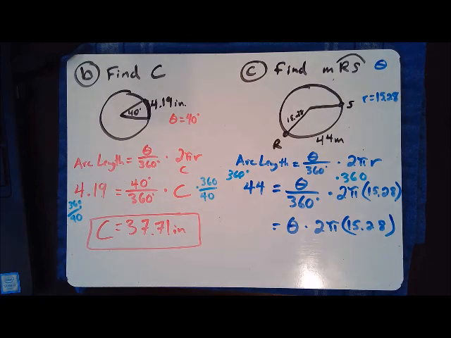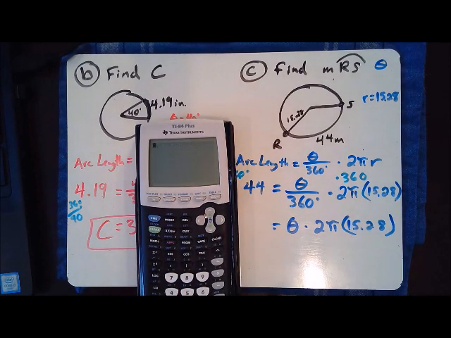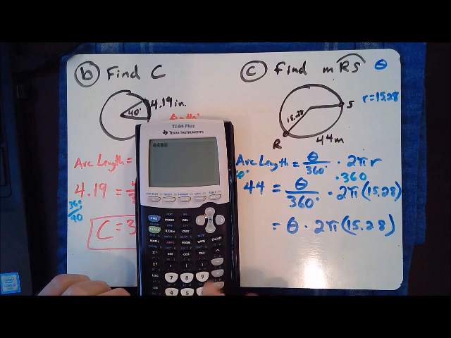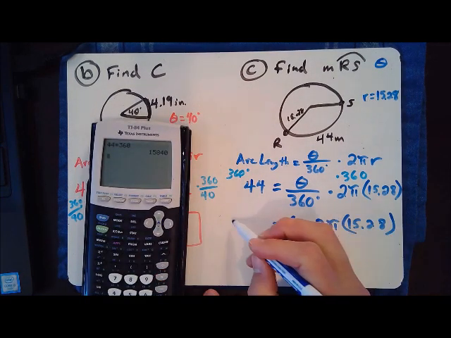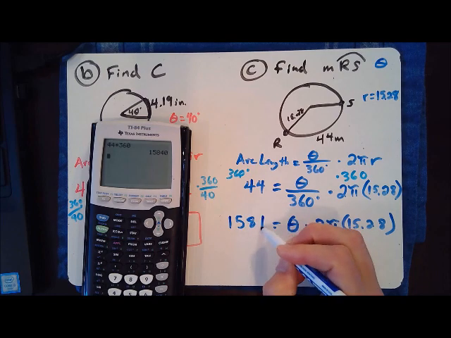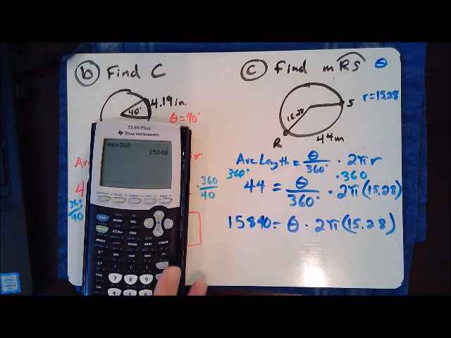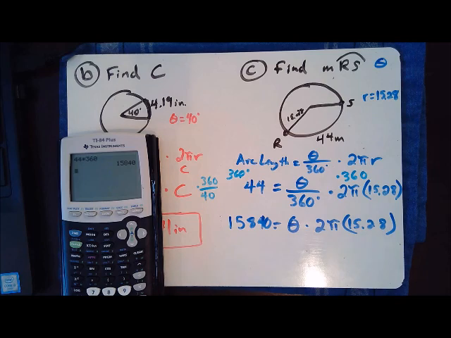On the left side, it's going to be 44 times 360, a big number, but that's okay. 15,840. You might get concerned and say it's too big. No, that's fine. We can work with that.